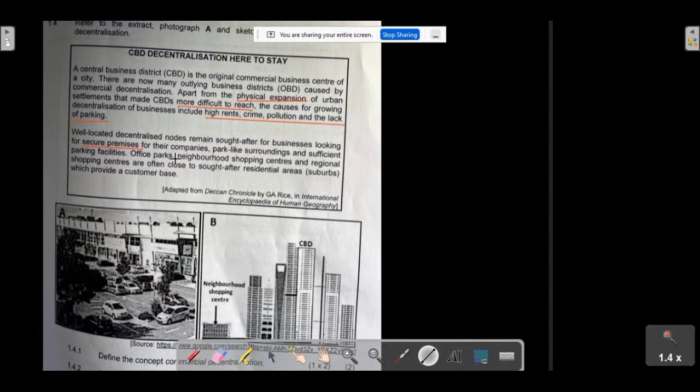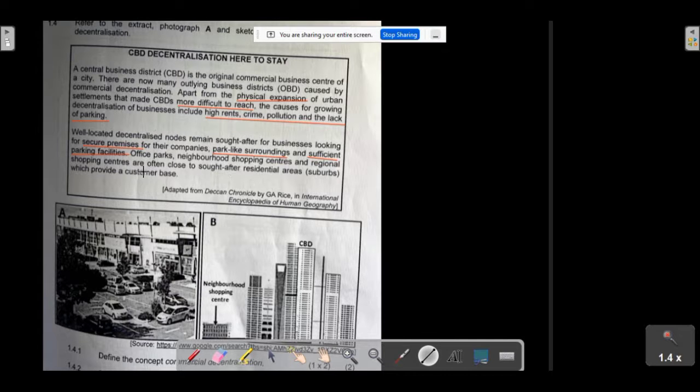Park-like surroundings, so pretty clean surroundings and enough parking facilities. This is what they are looking for, because in the CBD, your parking is quite difficult because there's a lot of people there, a lot of cars, traffic congestion.